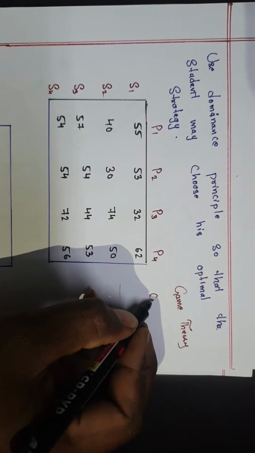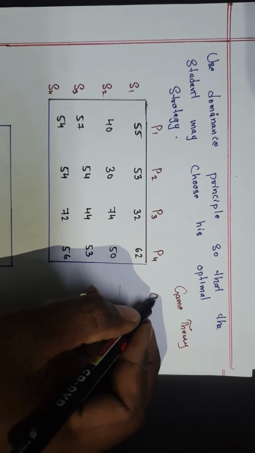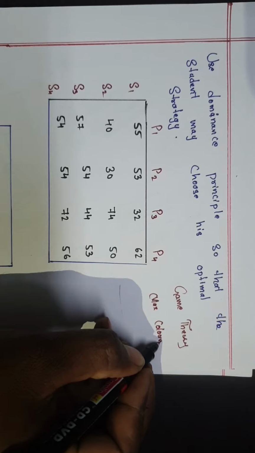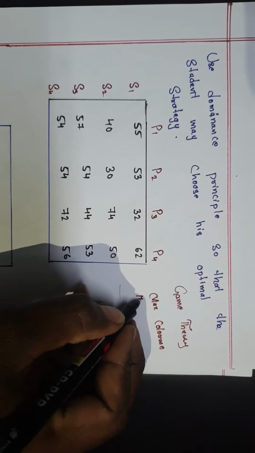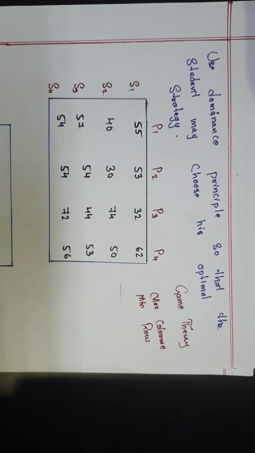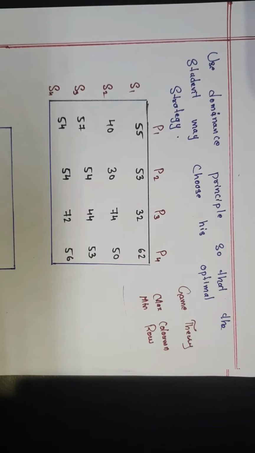So I will write here: maximum column, and the next one is minimum row. You have to select the maximum column and the minimum row. It's your wish to select any two, but one should be maximum compared to the other one.